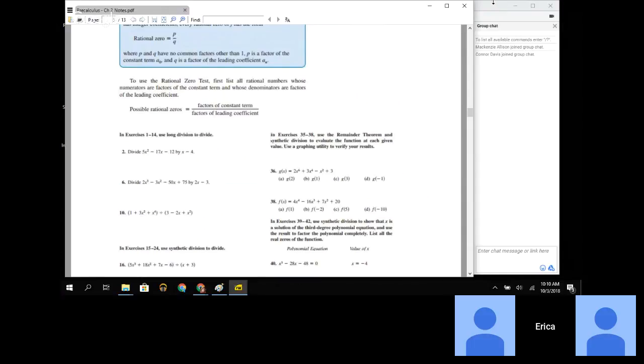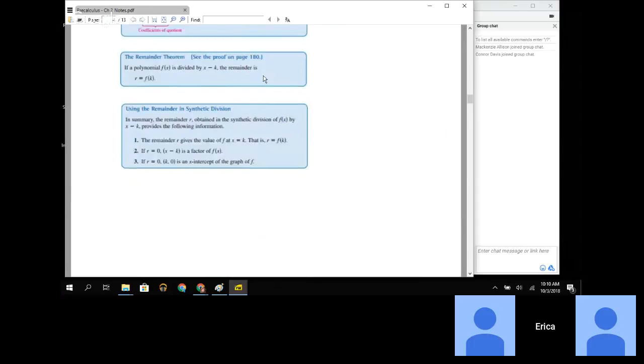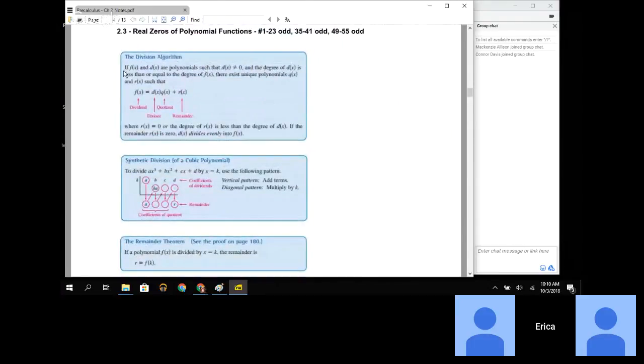So there's a bunch of notes on this at the beginning. I will kind of pull out things from the notes as we go. So what I mean by that is there's this thing called the division algorithm. Basically the division algorithm says that you can divide one polynomial by another polynomial and have a remainder.